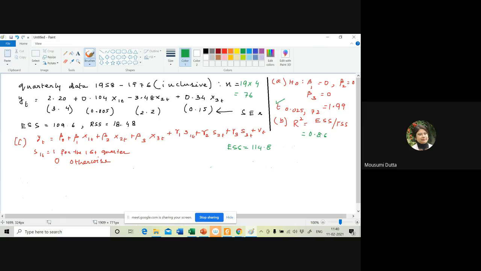So the equation can be rewritten as this equation after incorporating the 3 seasonal dummies, where S1t is equal to 1 for the first quarter, 0 otherwise.